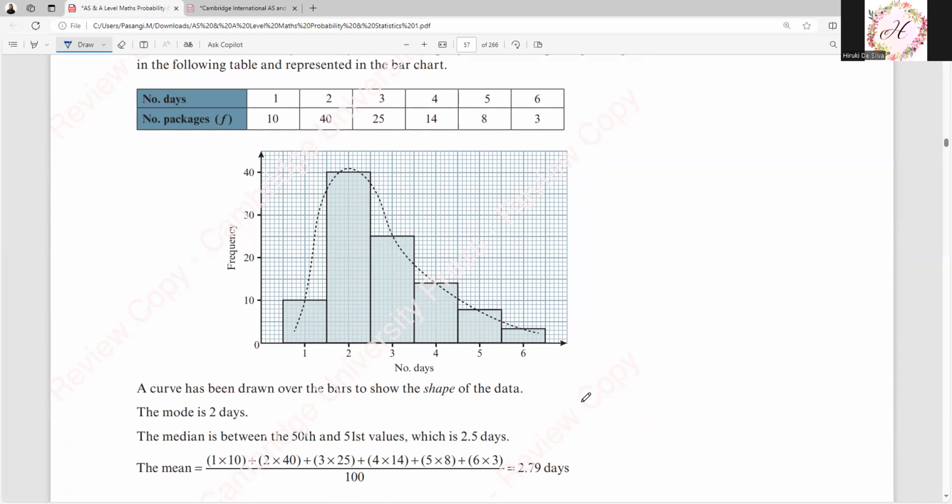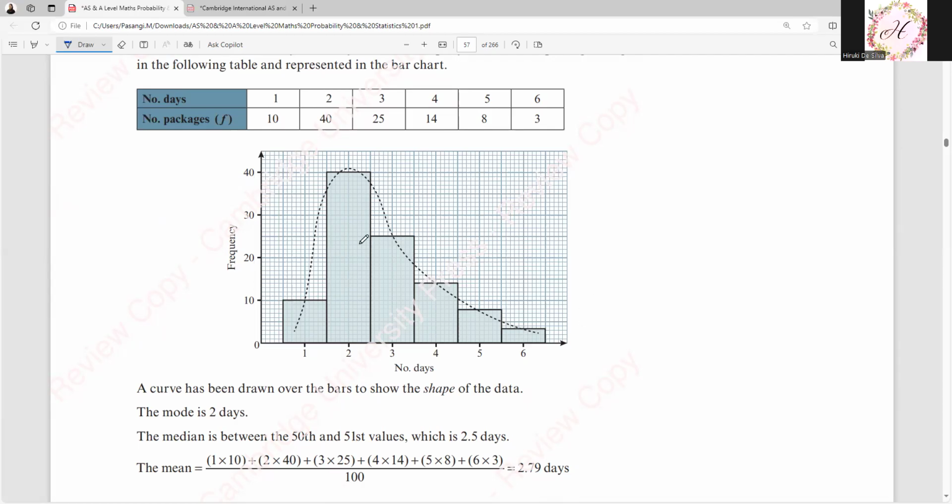Then the mode is 2 days. Anyway, the mode will be 2 days. The highest frequency value would be the mode. The mode is 2 days and the median is between the 50th and the 51st. If we take the median, that means the value which is available in the midpoint, the middle, so it will be 2.5 days.